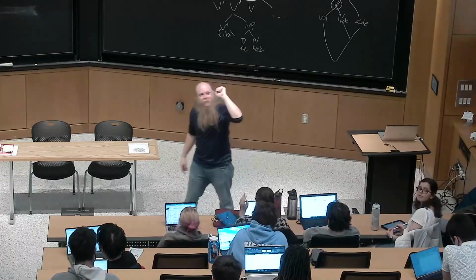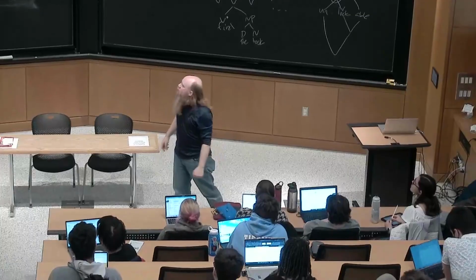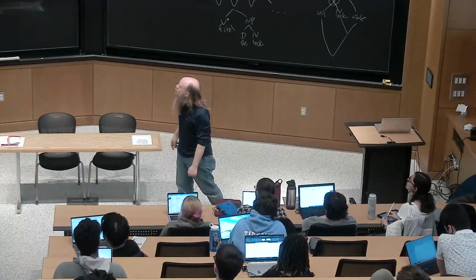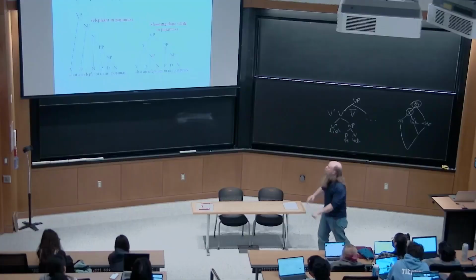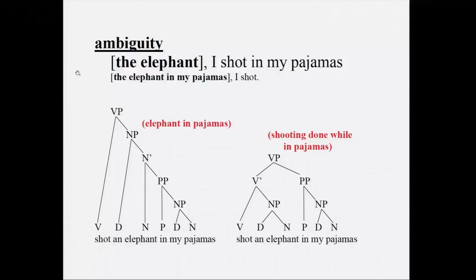Yeah. So on the tree on the left, would it be more correct to combine an elephant first before adding it to the big upper tree? Oh, you mean combine an elephant first and then put in my pajamas together with that? Yeah. So we could do that.